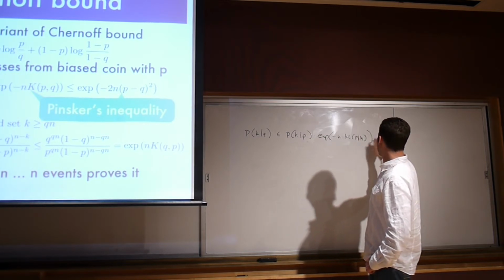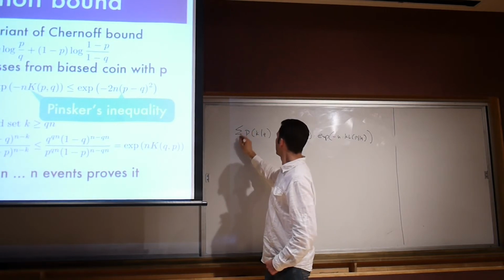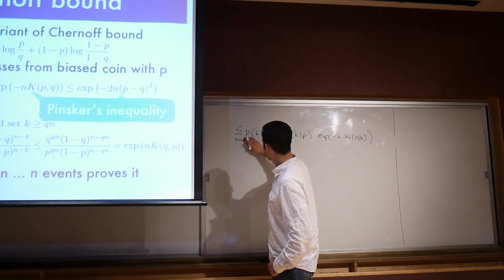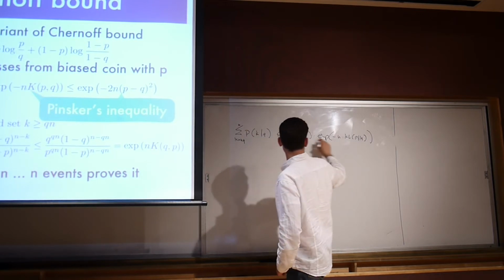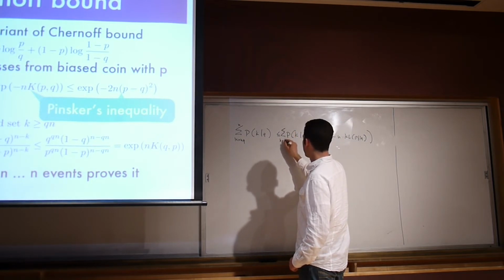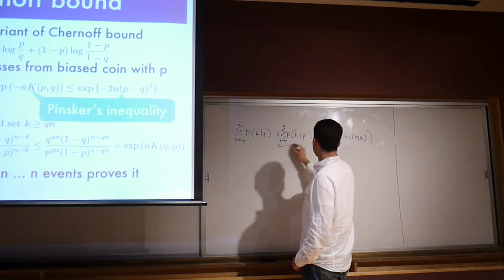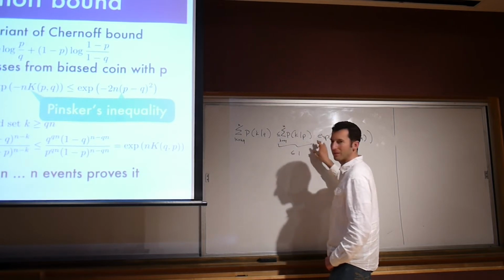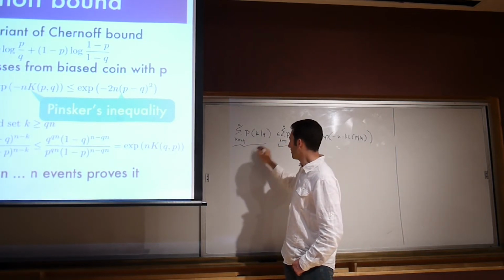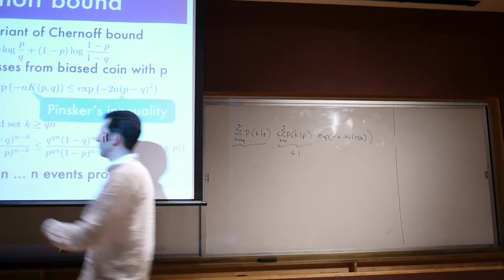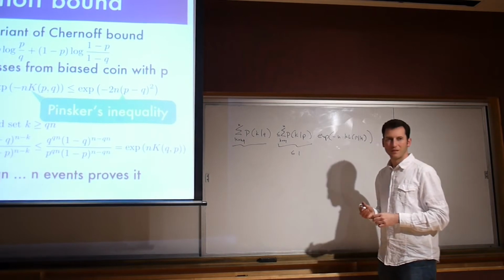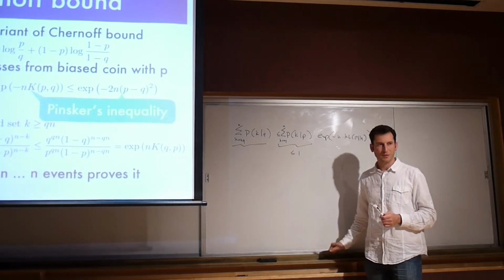And now we sum over all k's, k equals nq up to n. And this, of course, is still less or equal than 1. And this is exactly my failure probability. That's basically the point that I want to bound. And I'm home. So that's how you can prove that tail bound.